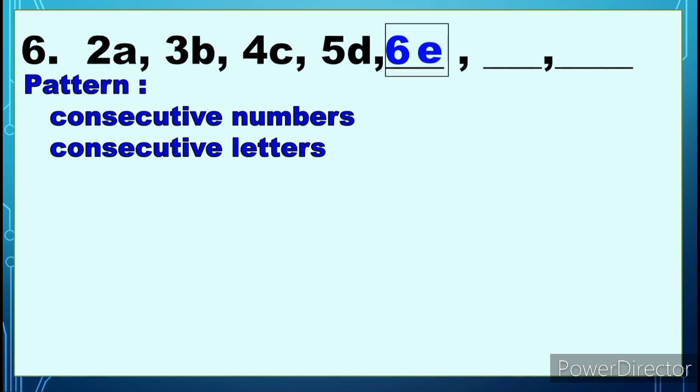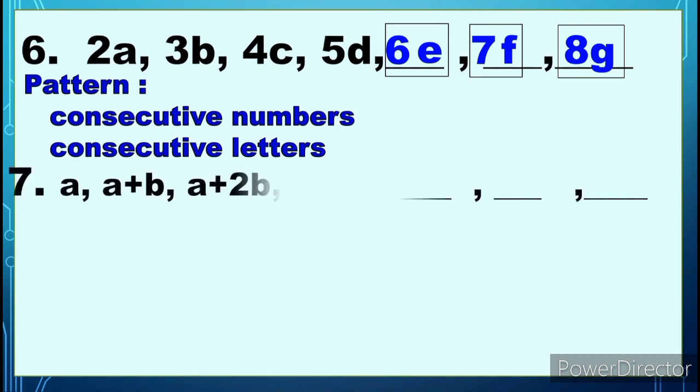And A, B, C, D, the next letter is E. Therefore, ang next term is 6E. Next, the next number is 7 and letter is F. And then, the next number is 8, the next letter is G. Okay, so therefore, the next three terms of the given sequence are 6E, 7F, 8G.